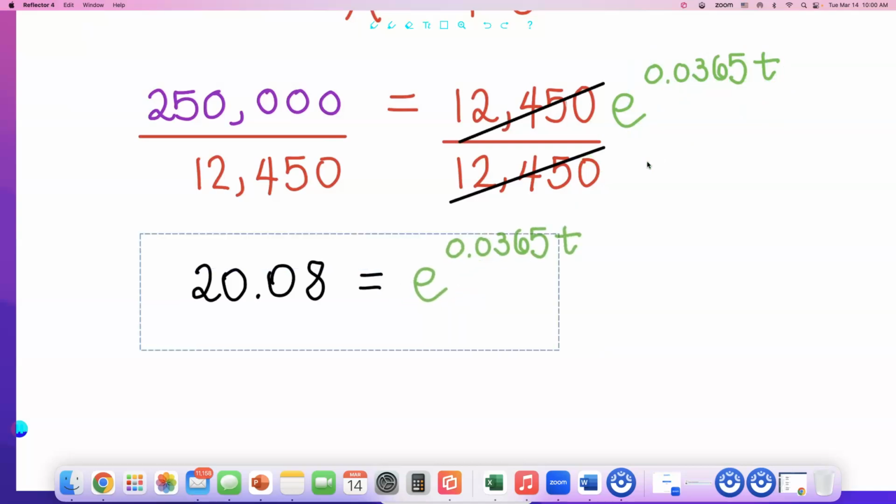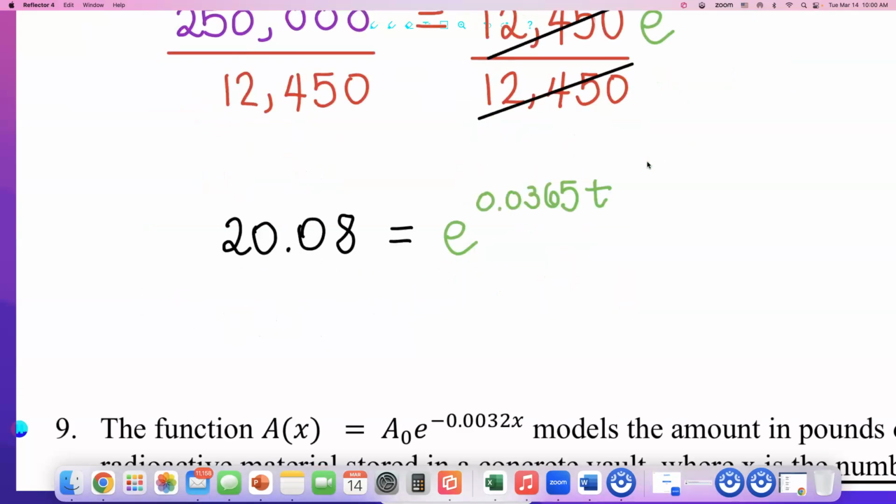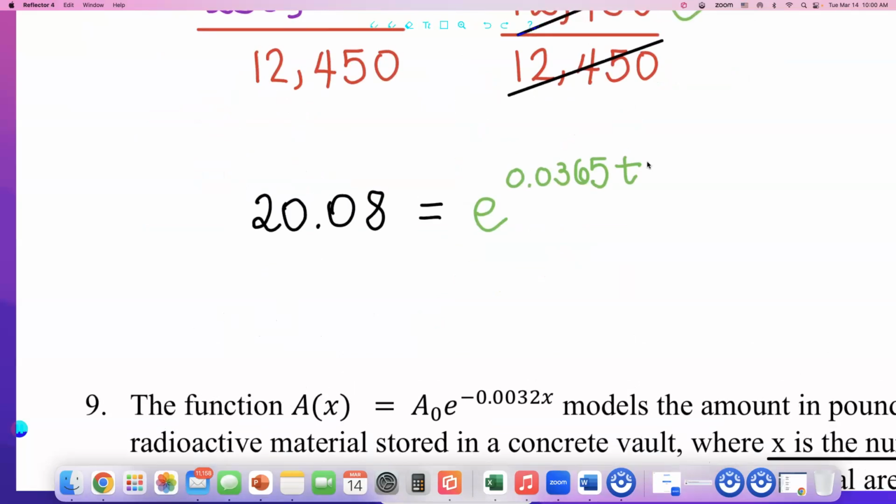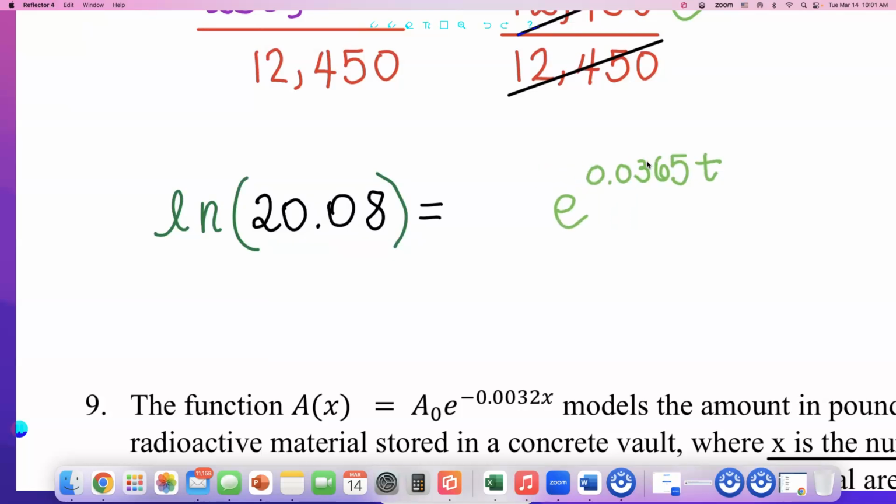Now, what do we do to both sides to solve for that t? Well, this is the point where we have to take the natural log of both sides. If I take the natural log of the left side and the natural log of the right side, the left-hand side will just be natural log of 20.08. And what will happen to the right side?